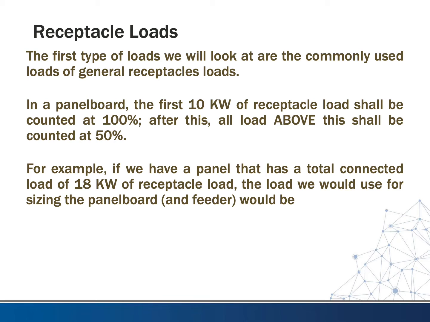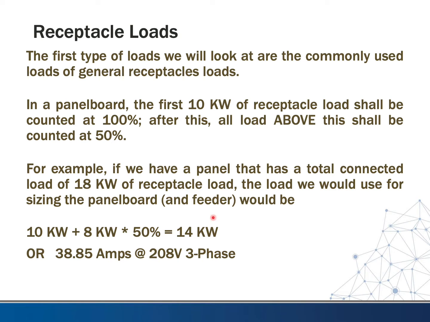For example, if we have a panel that has a total connected load of 18 kW of receptacle load, the load we would use for sizing the panel board and feeder would be 10 kW plus 8 kW times 50%, or 14 kW. So instead of the 18 total, we'd only count 14 kW for what we expect the load on the panel to be.